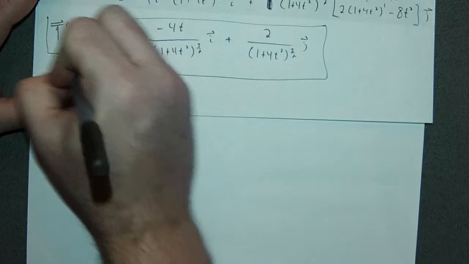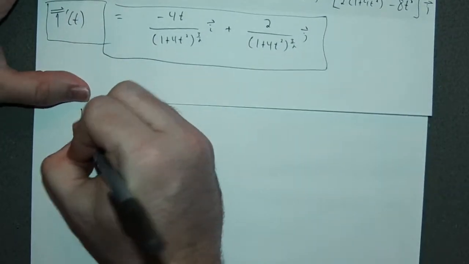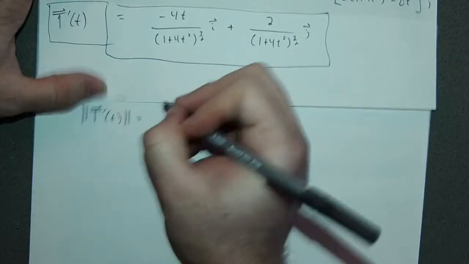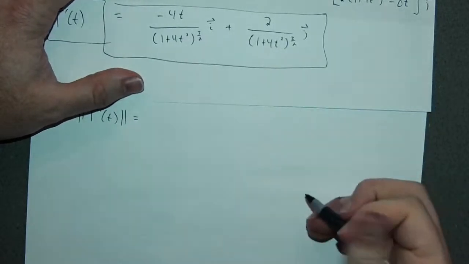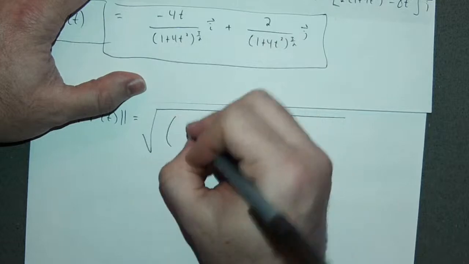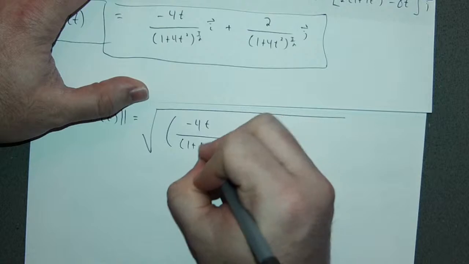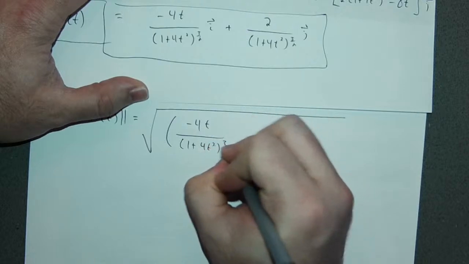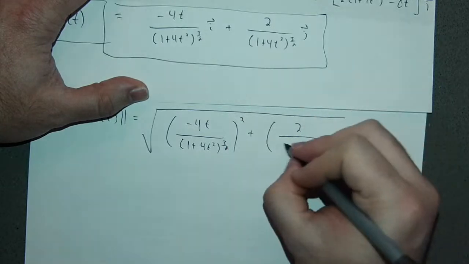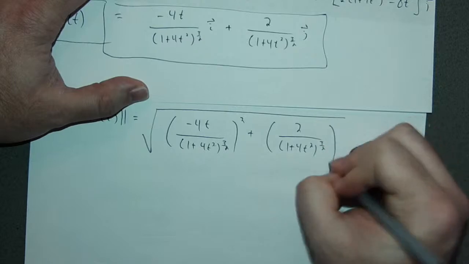So what's the length of T prime of t? It's not as horrible as you think it's going to be. You're like, oh my god, that is awful. It's not so bad. So it's the square root of (minus 4t over (1 plus 4t squared) to the 3/2) all squared plus (2 over (1 plus 4t squared) to the 3/2) all squared.